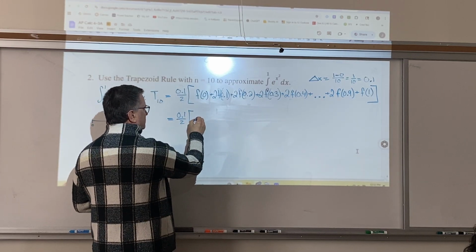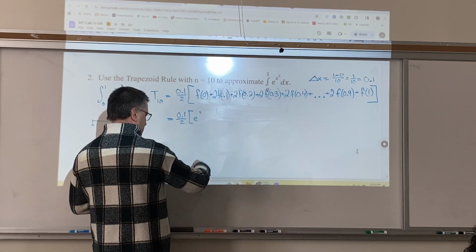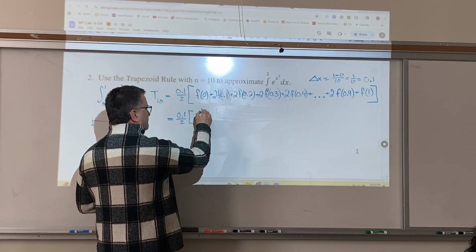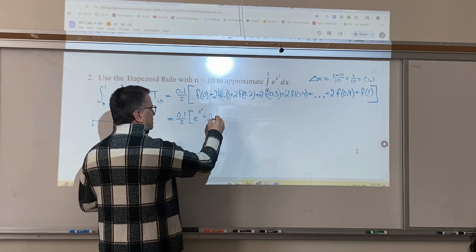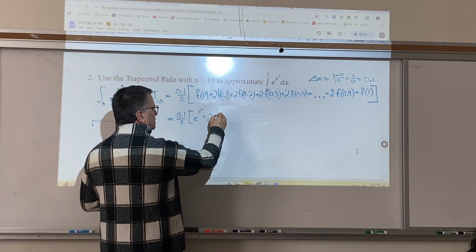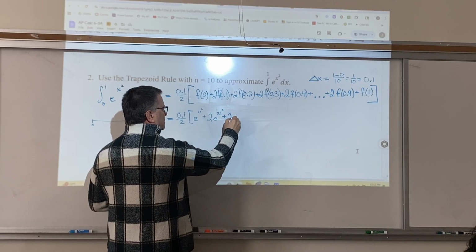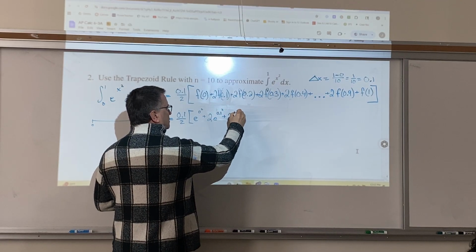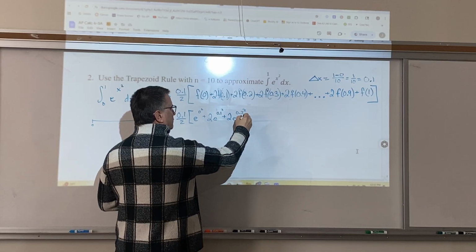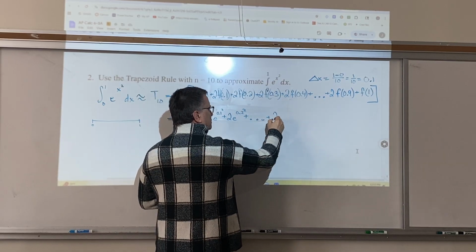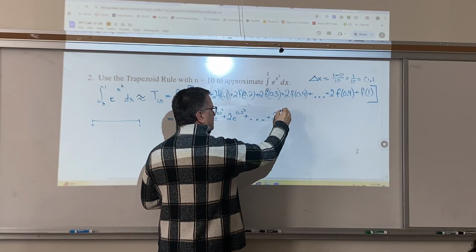So the first one would be e to the 0 squared plus 2 times e to the 0.1 squared plus 2 times e to the 0.2 squared plus 2 times e to the 0.9 squared.